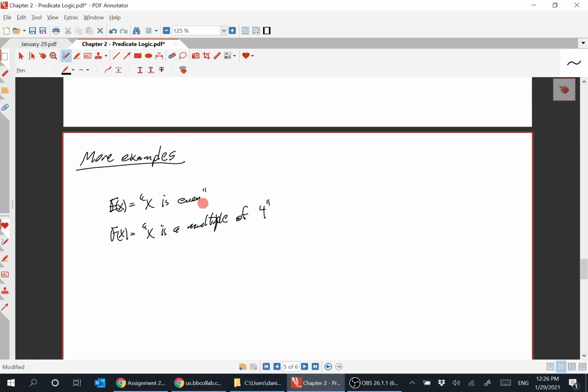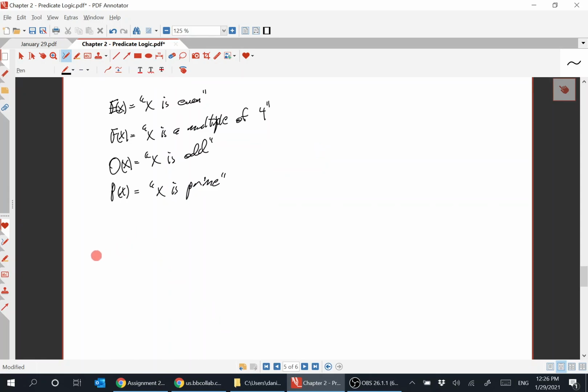So x is even means x is a multiple of 2. Fx, x is a multiple of 4. And Ox will be x is odd, and Px will mean x is prime.